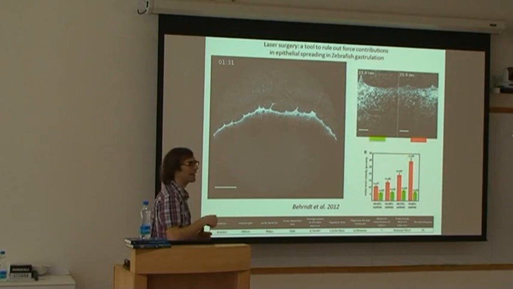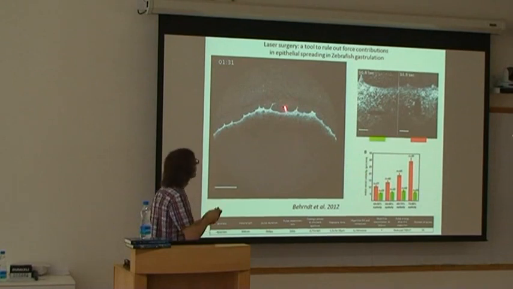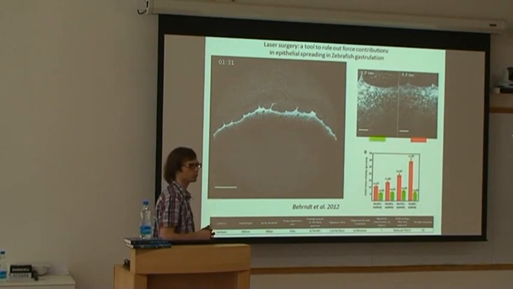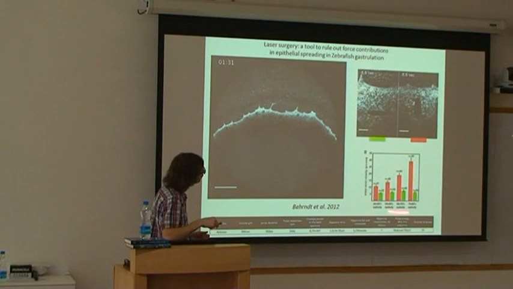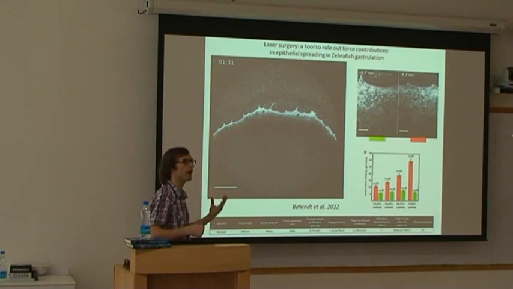And he saw that there is an actomyosin flow with a retrograde direction. That means it moves against the movement of the tissue, and this helps to produce the movement. So he used laser dissection as a complement to the model, to see if the ring contribution is the only one, or if other contributions are possible.